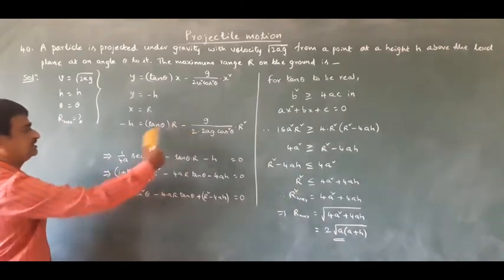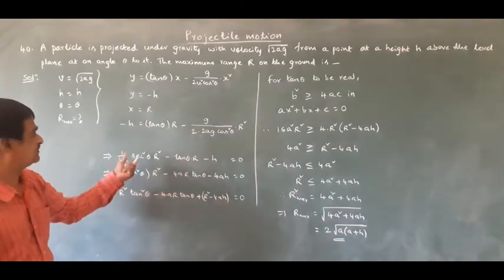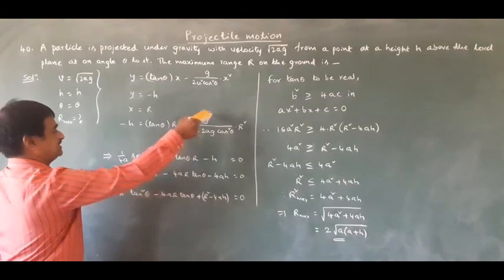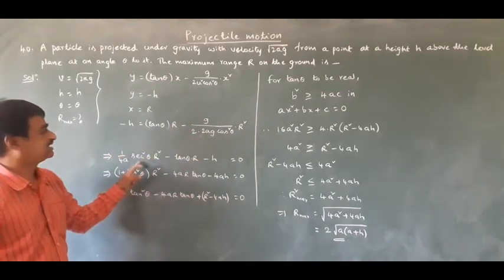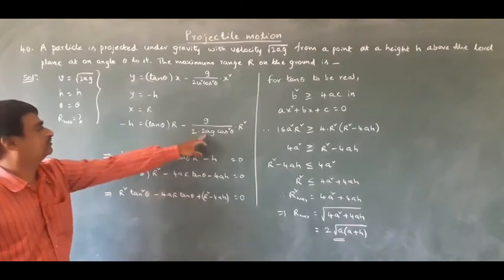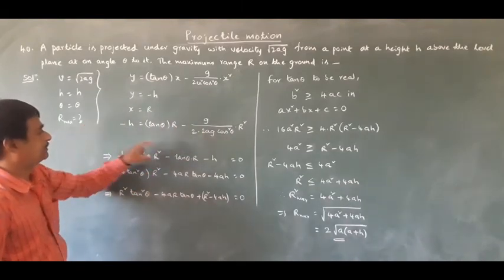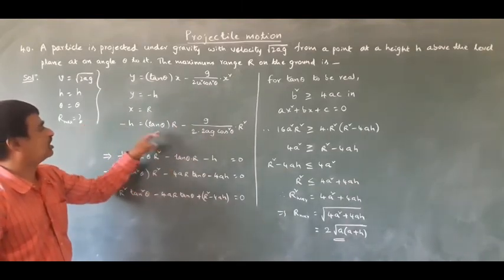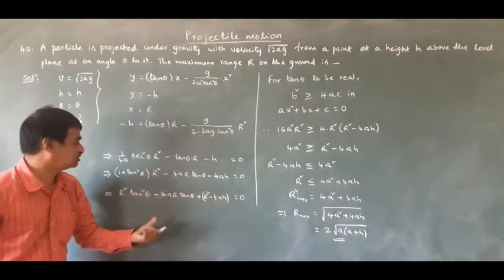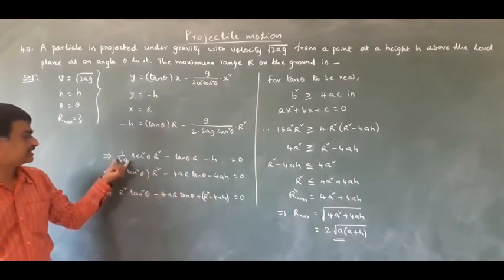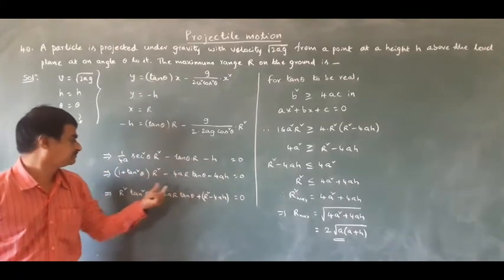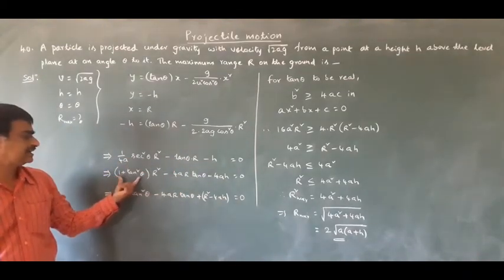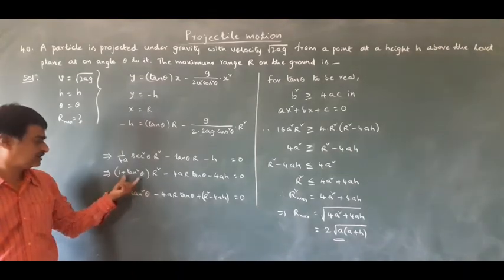Then we simplify and rearrange this. First cancelling out g, we get 1 by 4a cos square theta, that is secant square, into r square. We bring this term to this side, minus tan theta into r, minus h is equal to 0. First we multiply with 4a. Then secant square is 1 plus tan square theta, you know this identity.